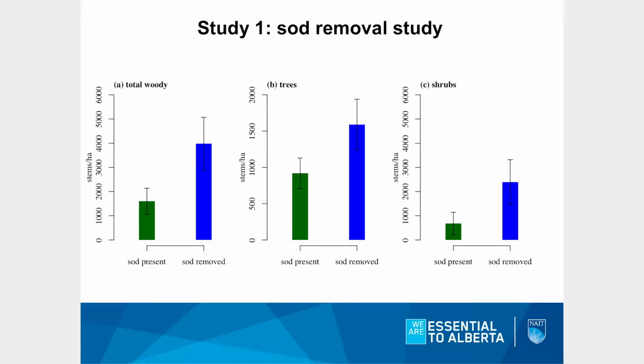And this big difference is driven largely by the shrubs. The scale is different here: this is 6,000, 2,000, 6,000. So the shrub density is actually the big driver of this difference, though the planted trees, and the trees planted here were white spruce and lodgepole pine, were definitely on the whole surviving better where we removed the sod.